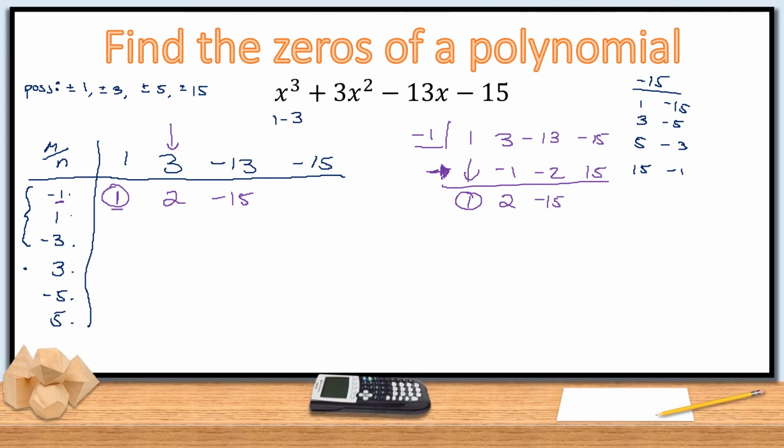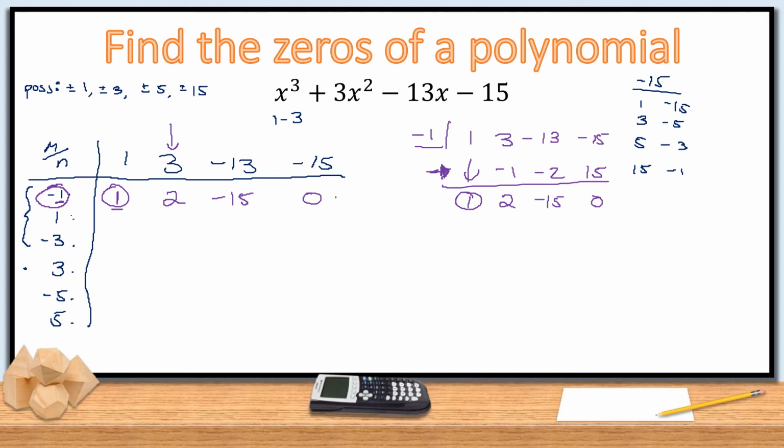And positive 15 minus 15 is 0. So in fact, we found one of our zeros on the very first try, which can happen. It's why it's nice to start near 0, because you increase your odds, I think, of finding a 0 a lot of the times. So remainder is 0. Therefore, minus 1 is one of my solutions that I'm looking for. It is one of the zeros.